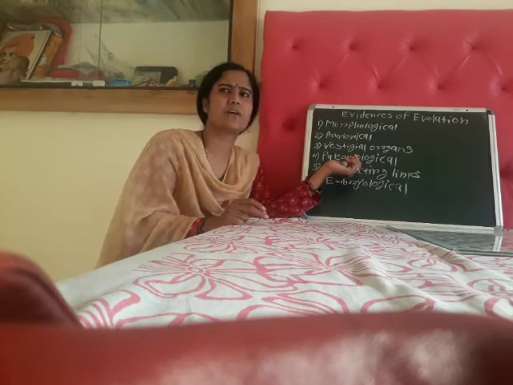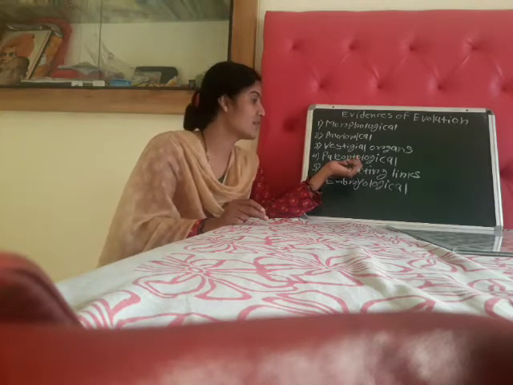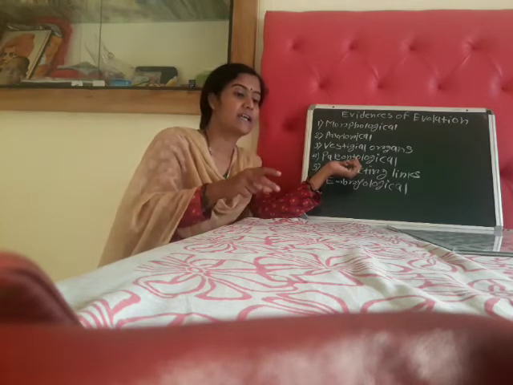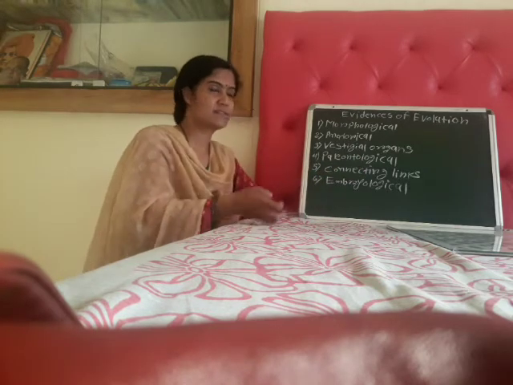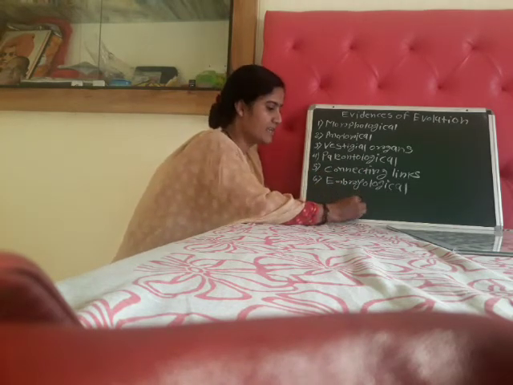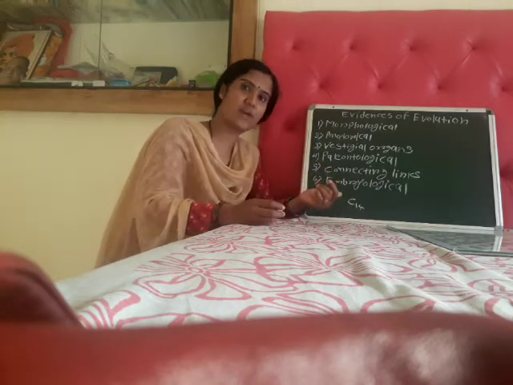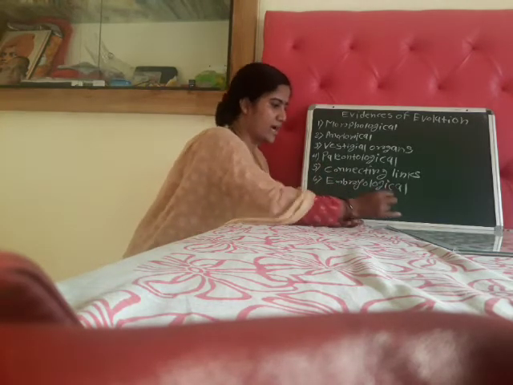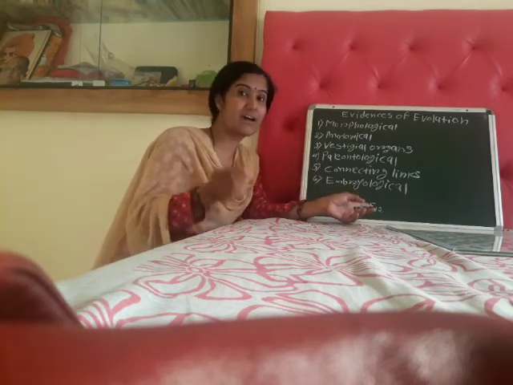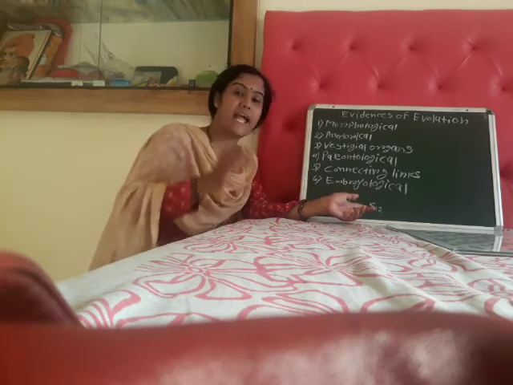And on the basis of carbon dating, their age can also be determined. Carbon dating means C14, the radioactive carbon, and C12, the non-radioactive carbon, present in the plant's body and animal's body.